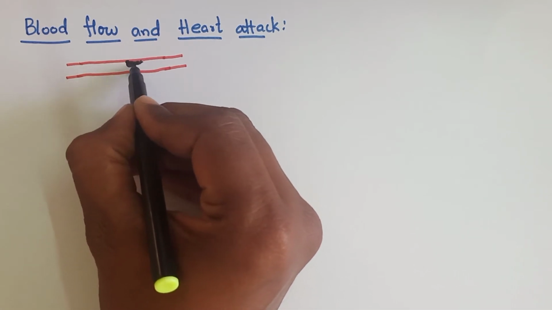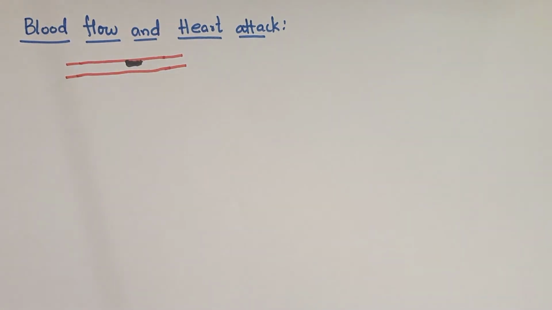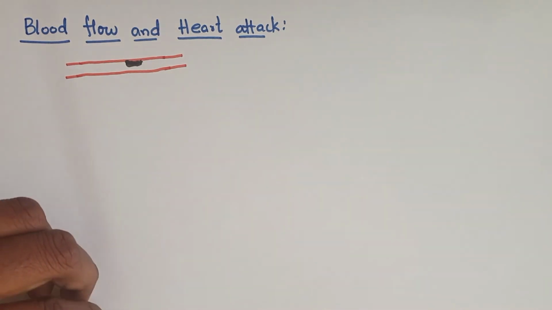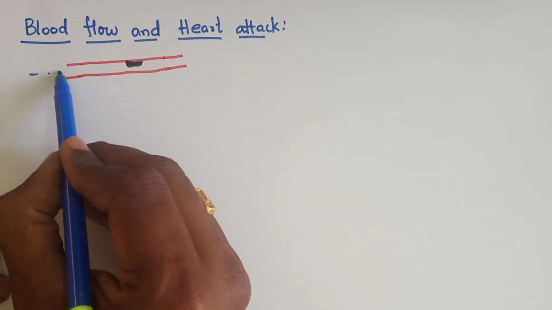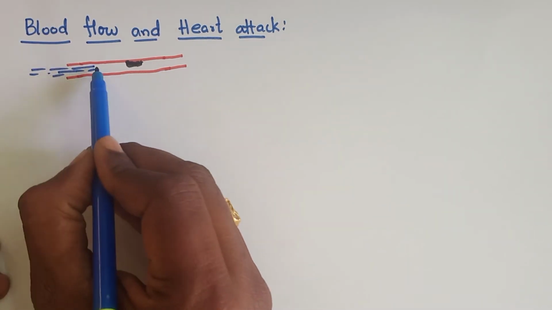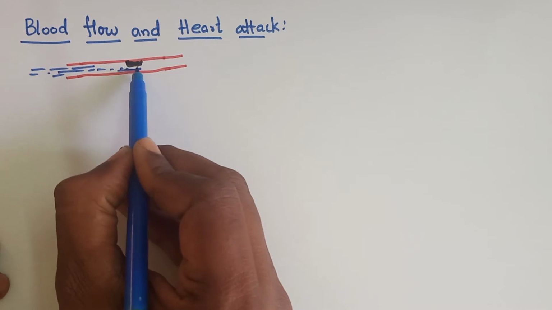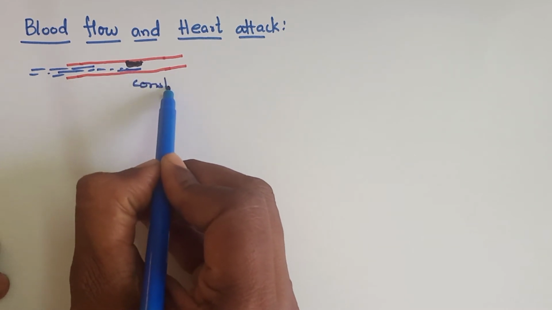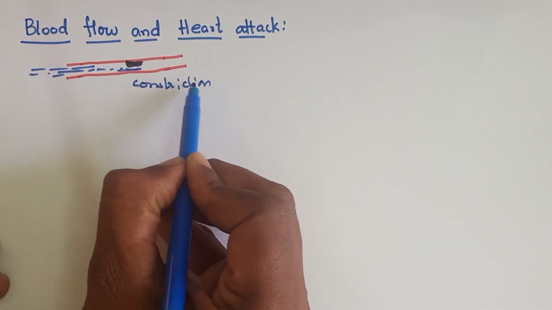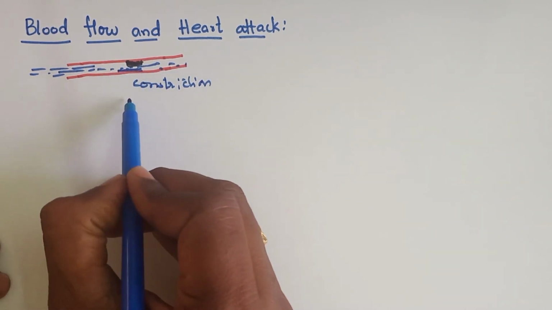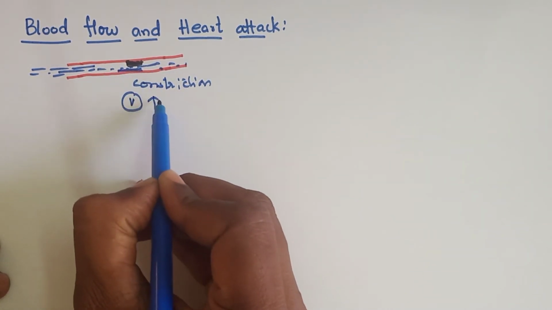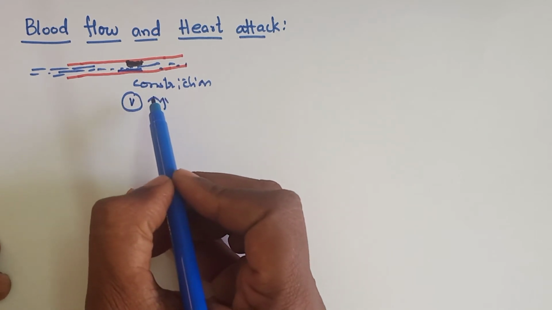Suppose that is formed, what is happening? When it becomes narrow, the blood flows normally, but when it comes to the constriction, the narrow region, what happens? Speed is increased, the speed is raised.